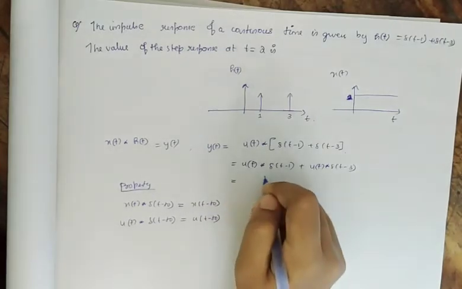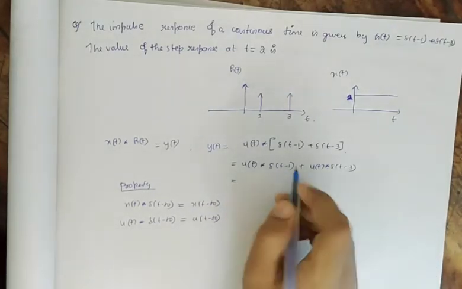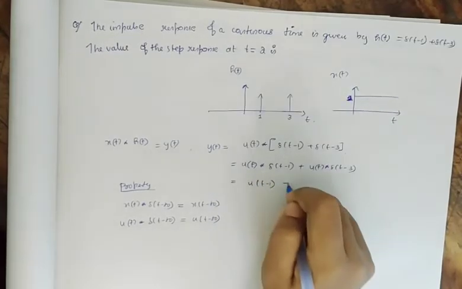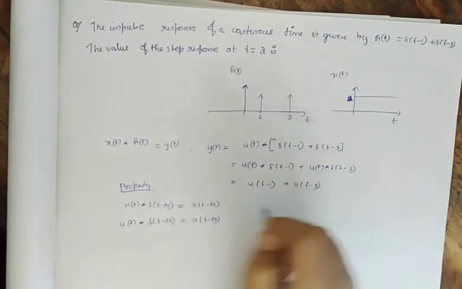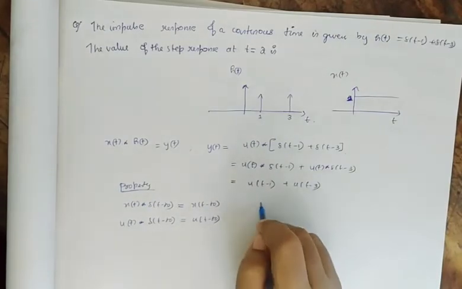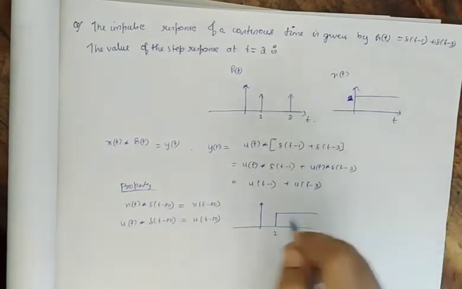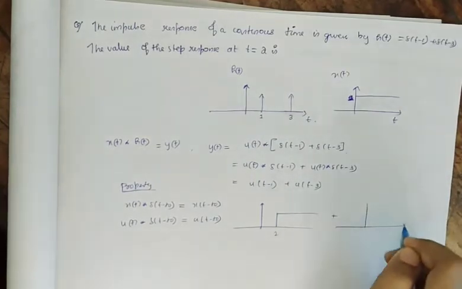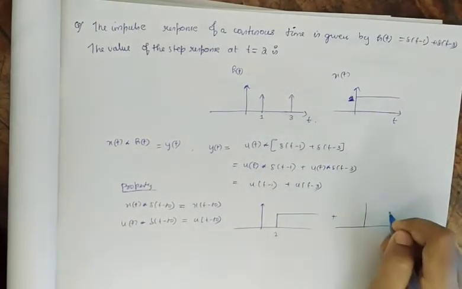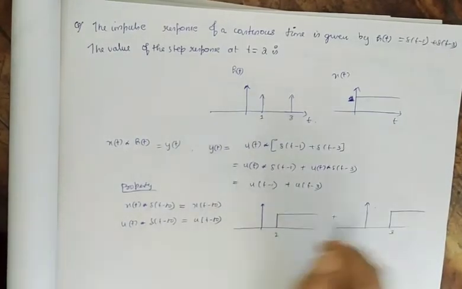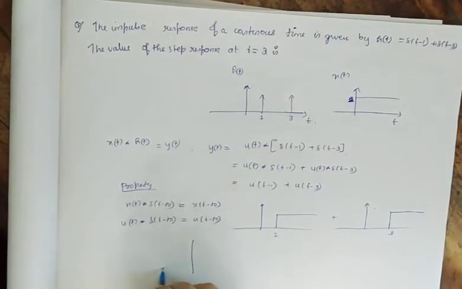So u of t convolution delta of t minus 1 gives u of t minus 1, and the answer will be u of t minus 1 plus u of t minus 3. u of t minus 1 is u of t shifted to the right side by 1, and u of t minus 3 will look like this, and these two are added together.